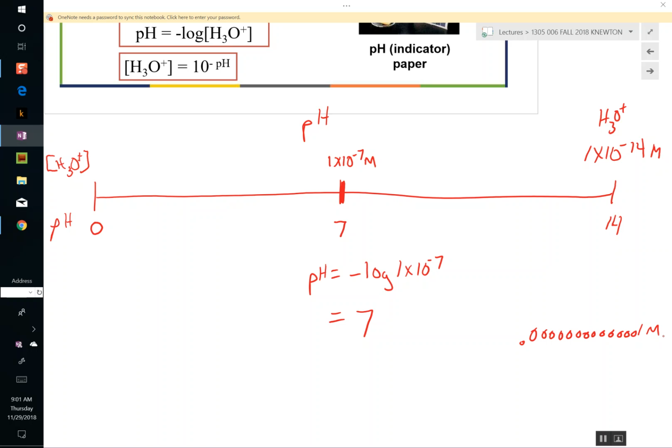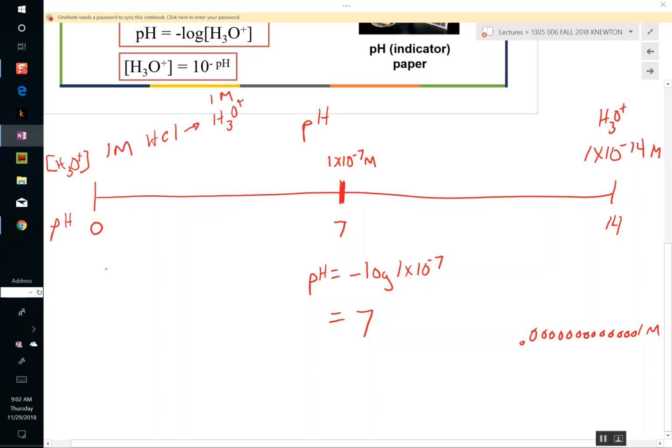Okay, so let's take our strong 1 molar HCl. It's going to generate 1 molar hydronium ion.